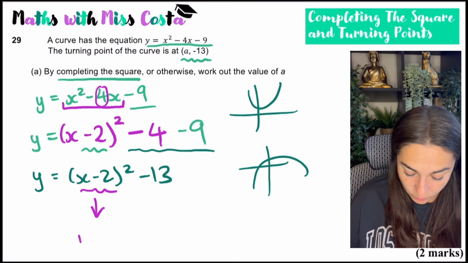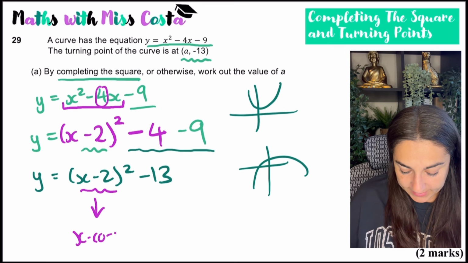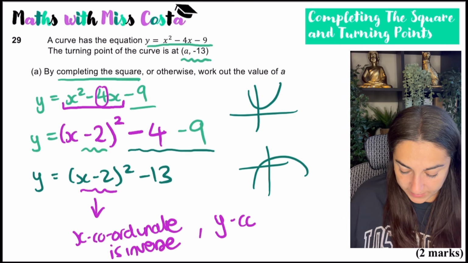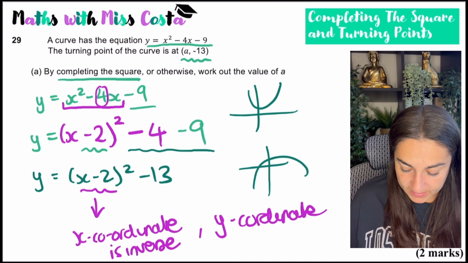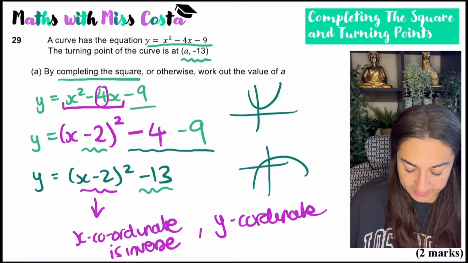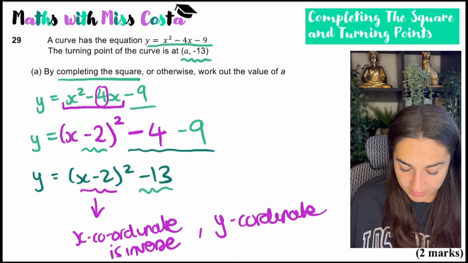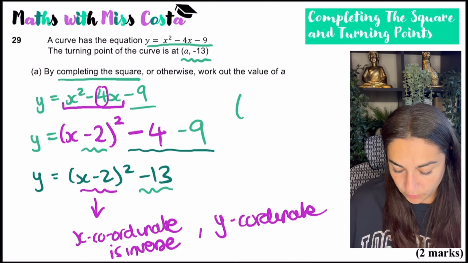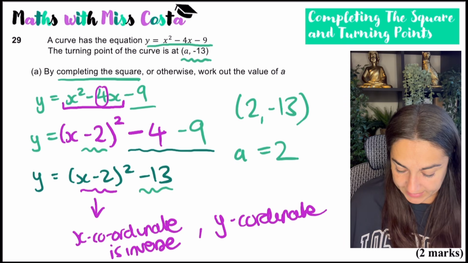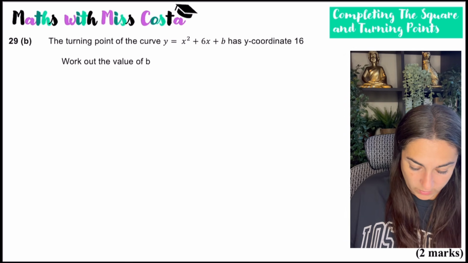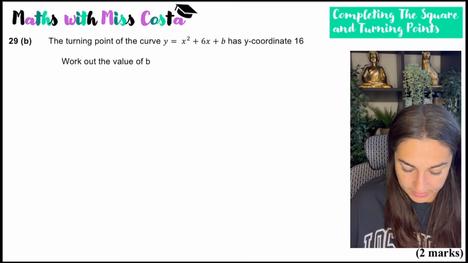That is our x coordinate, and the y coordinate is the constant that's left at the end. So for this, the turning point is going to be (2, negative 13). Therefore, a is 2.